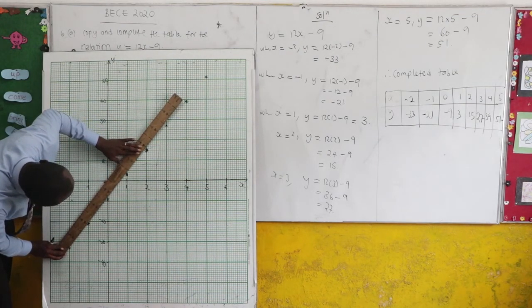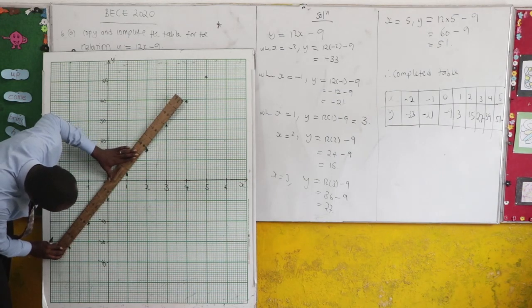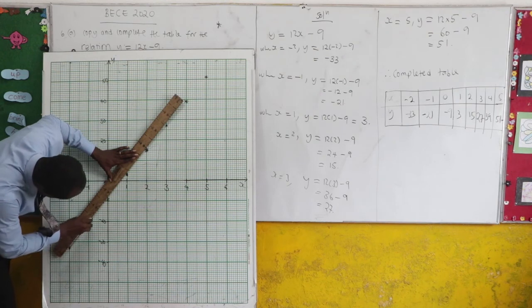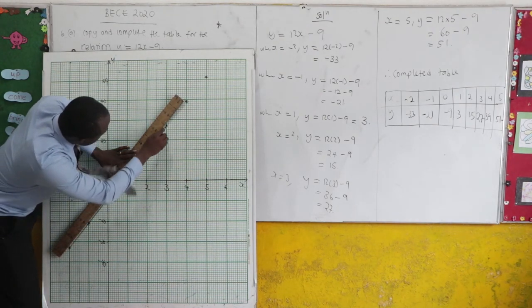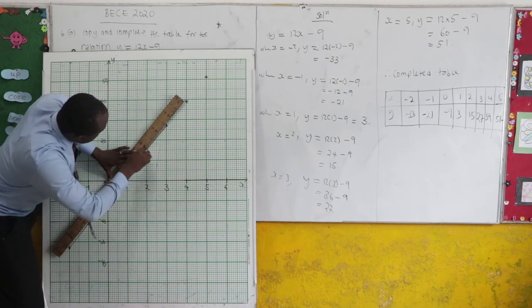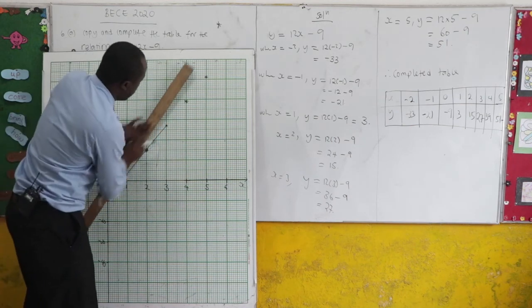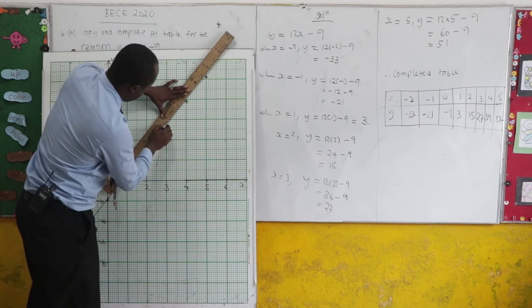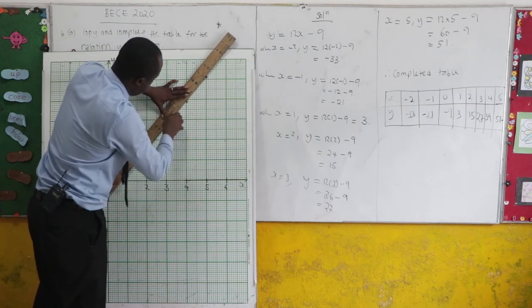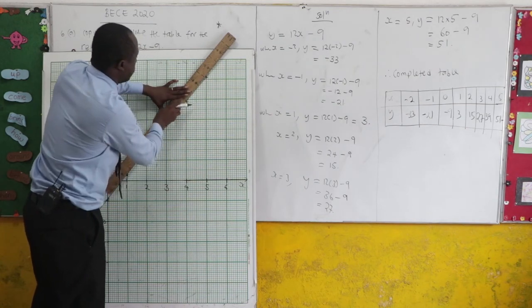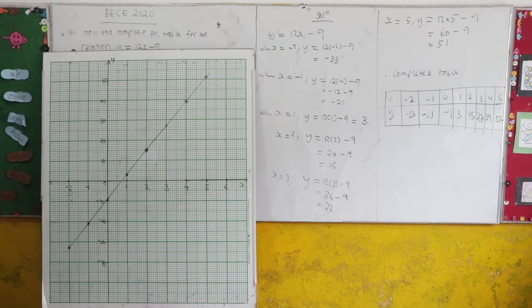Wow, can you see? We have a straight line. And this is the straight line that we have.